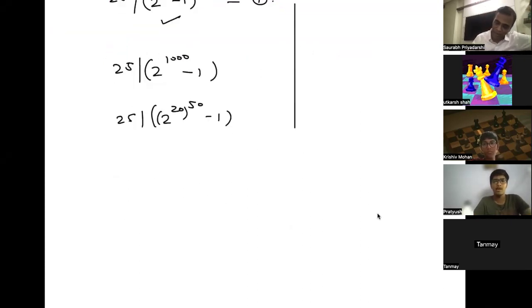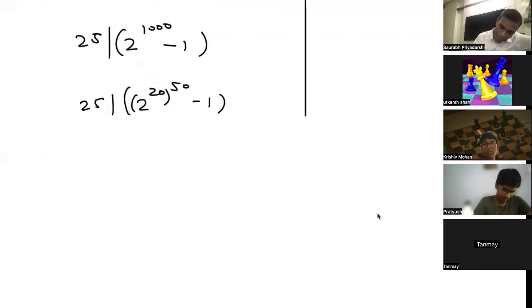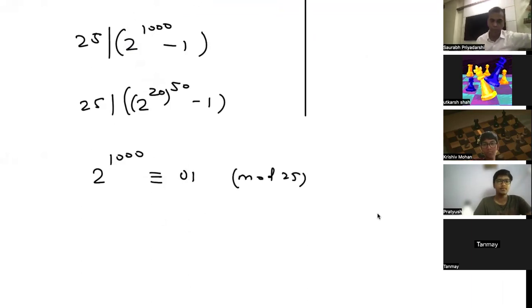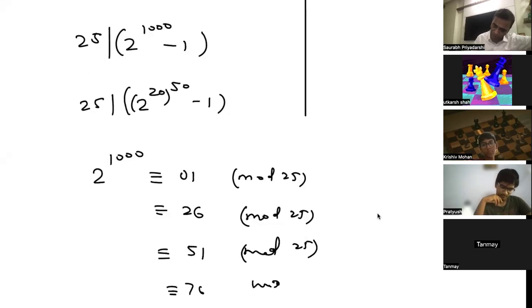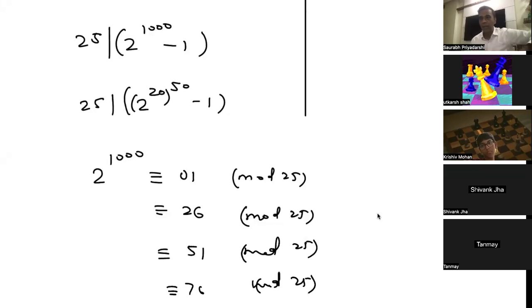I'm saying that 2 to the power 1000 will be equivalent to 01 mod 25, or 26 mod 25, or 51 mod 25, or 76 mod 25. These 4 options are there.